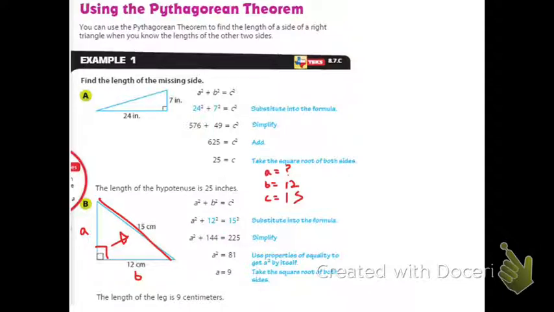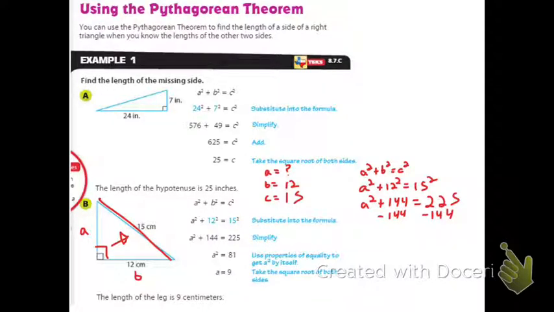Now, the formula, once again, is A squared plus B squared equals C squared. A, we don't know, so we can just leave it as A squared, plus 12 squared is equal to 15 squared. So now let's go ahead and simplify all those. 144 is equal to 225. Now you would subtract 144 from both sides, ladies and gentlemen.